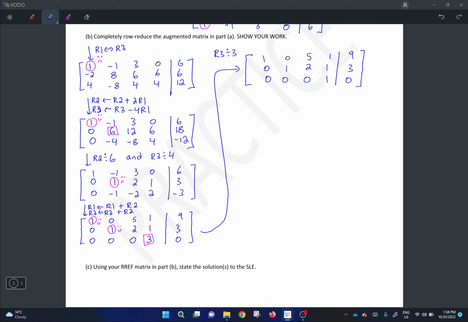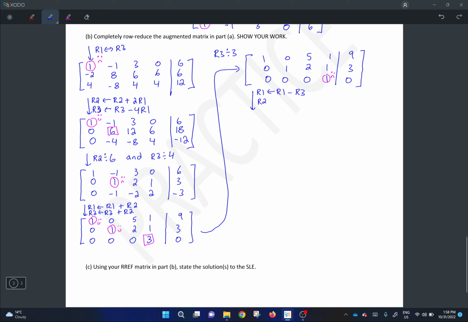Okay, and then I'm going to take row 1. So this bottom right leading 1 is now almost happy. Looks up and it's like, okay, I'm a 1, but come on, there's some non-zero numbers above there. Let's fix those. So row 1 is going to be replaced by row 1 minus row 3.